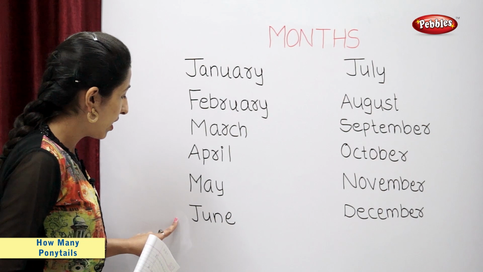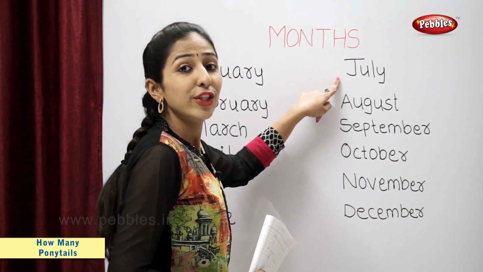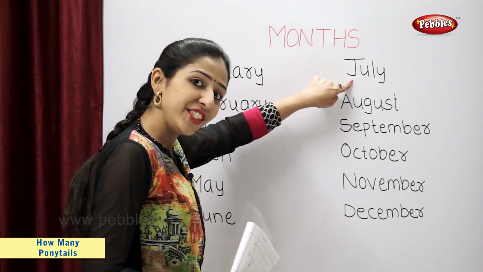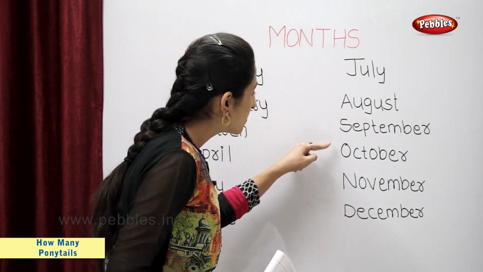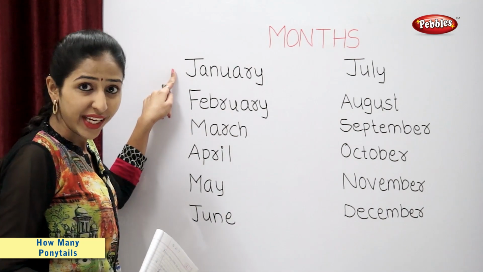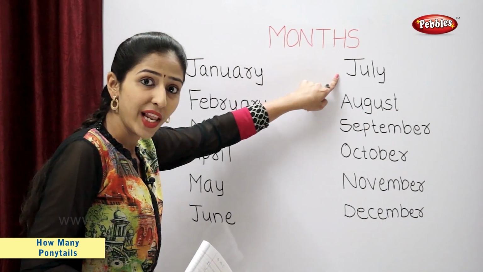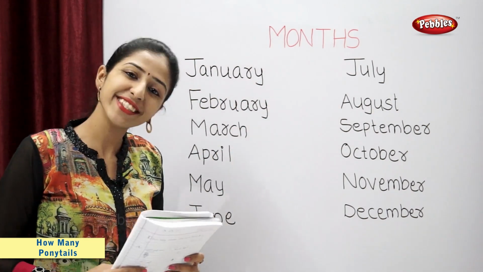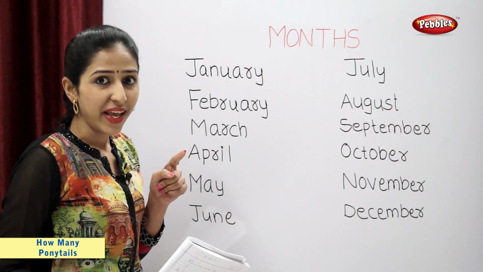1, 2. July. July also starts with letter J. So, 3. So, January, June, July. So, there are 3 months starting with the same letter. Let's find one more pair.